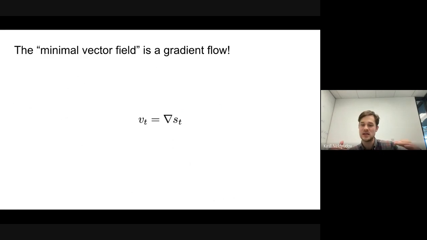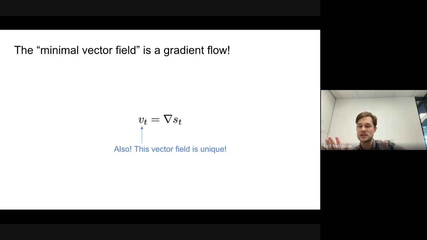And that takes a high dimensional vector, does some transformations, it yields a scalar, and then if we differentiate the output with respect to the input, we'll get a vector field that's from this family of minimal vector fields.